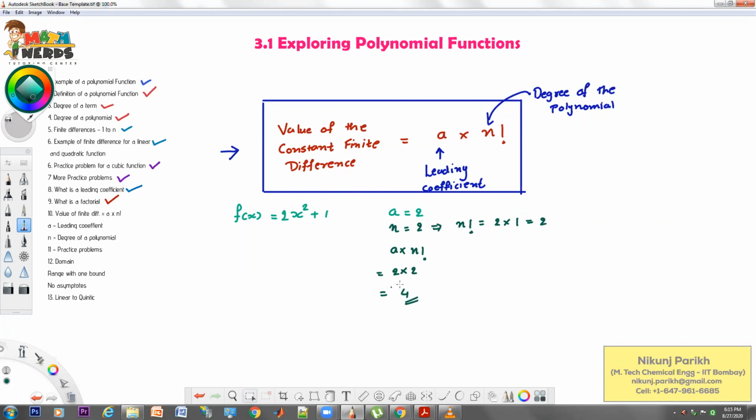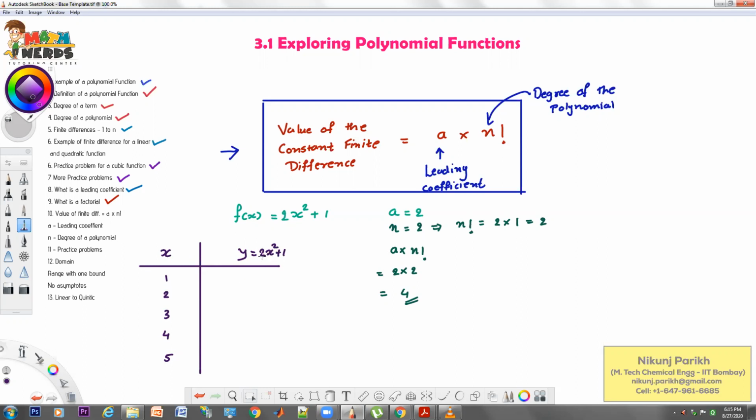So let us verify that our constant finite difference comes to 4. Let's do that. I'll make a table of x versus y. I'll keep the values for x as say 1, 2, 3, 4, 5. The corresponding y values will come from this equation 2x squared plus 1.